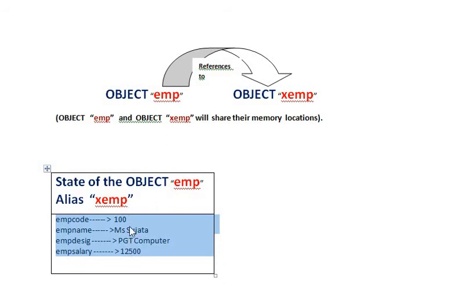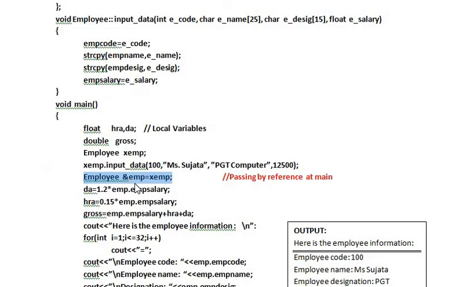Any change in these values associated with these data members shall reflect both these objects emp and xemp. So that's the concept of pass by reference. The pass by reference method has created a reference to the object xemp through the object emp.